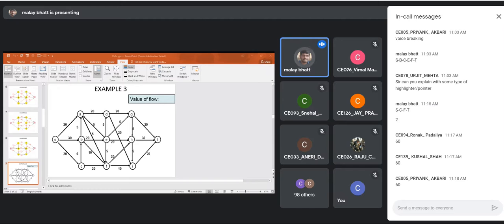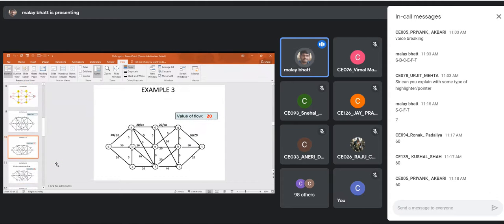Anyone who is getting 70 as a flow value? Okay, so let us see the solution step by step.